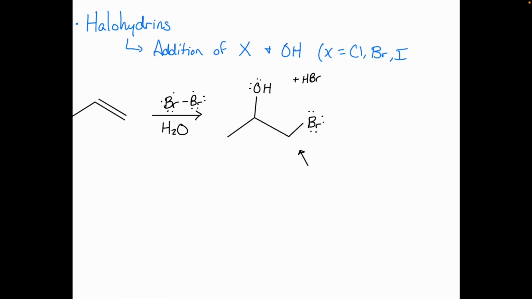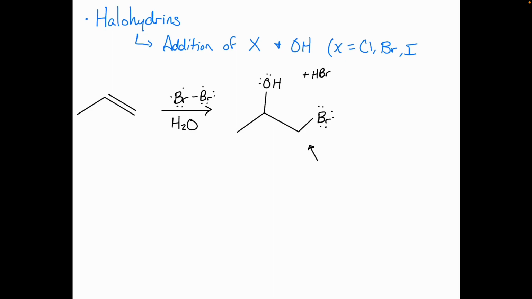All right, so let's just make some notes here about this reaction. This is a reaction where we know its mechanism. It goes through that same cyclic intermediate we've seen before in our halogenation reactions.